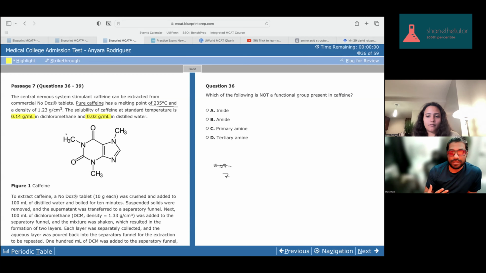So the crude extraction, the recrystallization, the pure sample. Now, melting point is the same thing as freezing point. What do you think the melting points would be for these? So pure, we know it's 235.